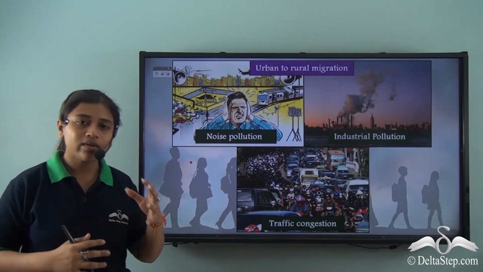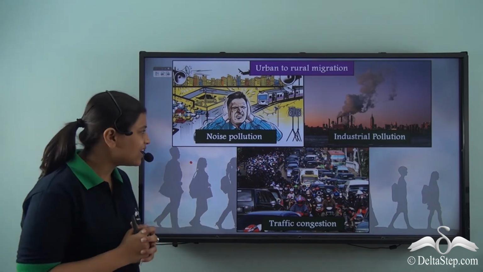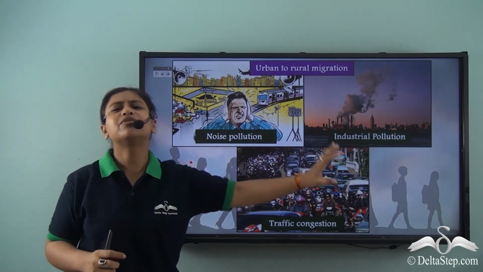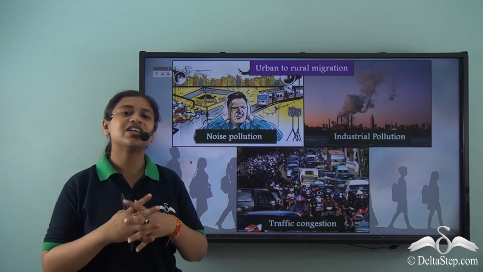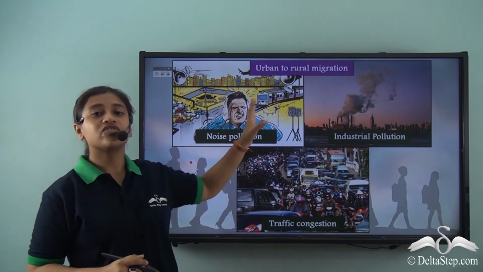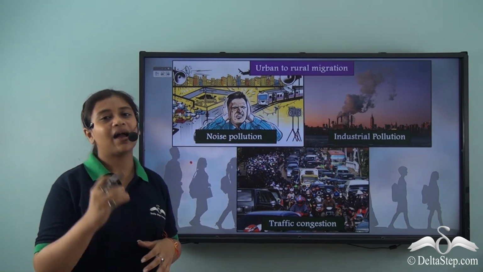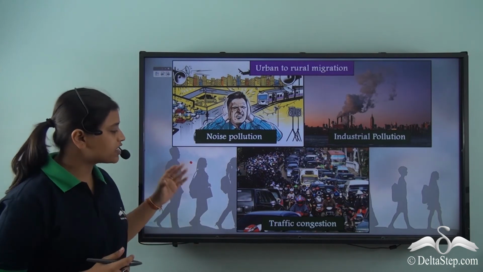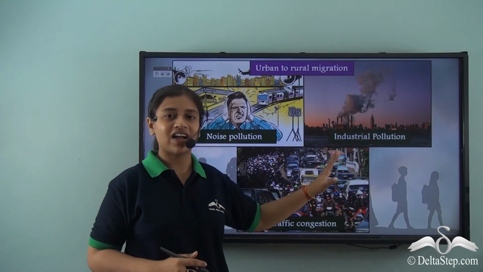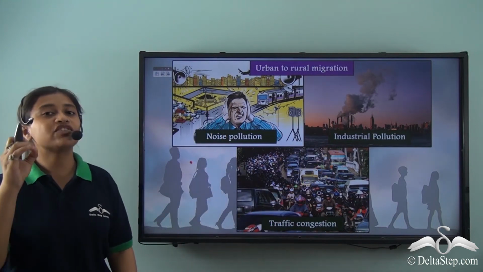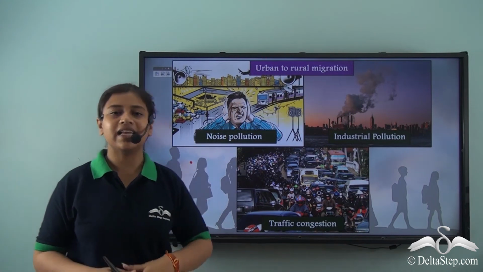This is because old aged or retired people do not really like the noise pollution, the different types of pollution, and the congestion in cities, and now they want peace. So they generally move from an urban area to a rural area where they are availed of the basic amenities, right? So noise pollution, traffic congestion, and industrial pollution are all factors that lead to the migration of people from urban areas to rural areas.